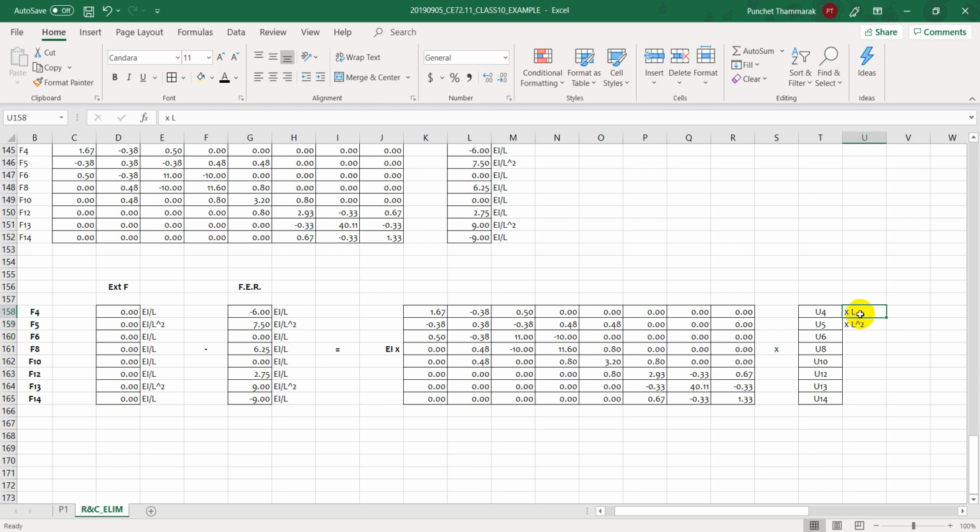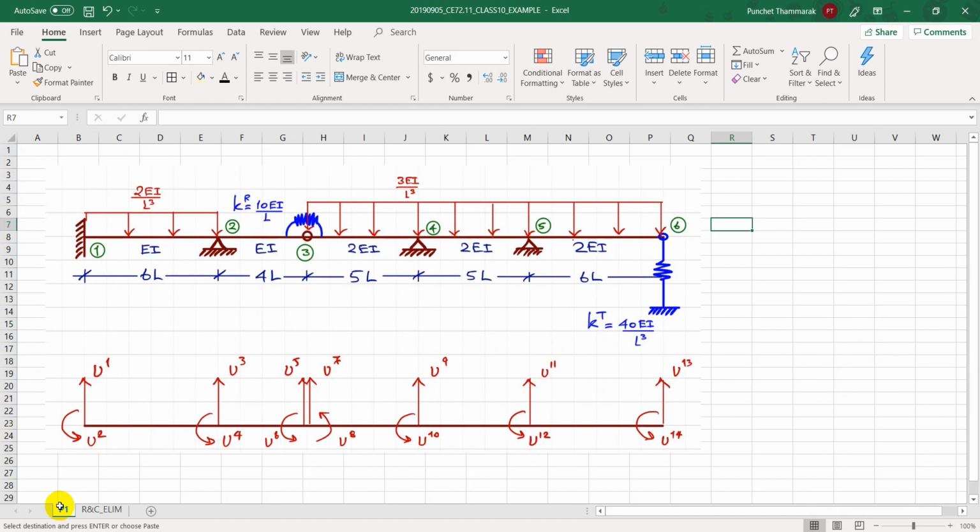U6 is this, okay, and then U10 to what? U8, 10, 12 and 14.